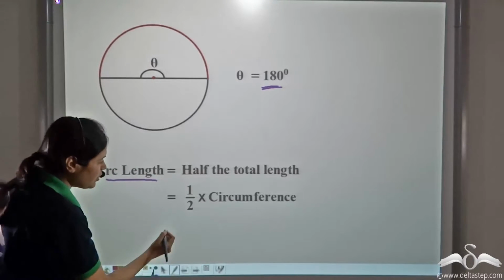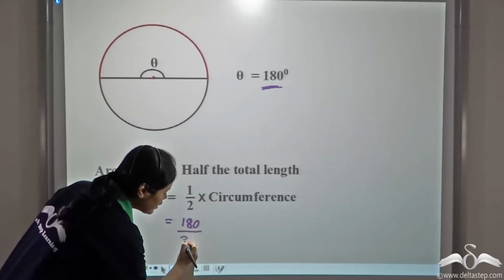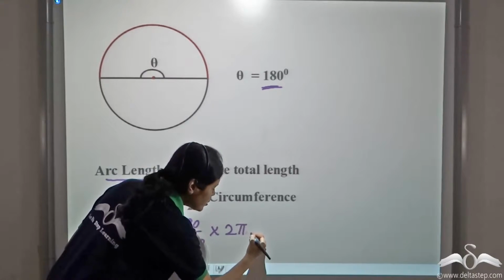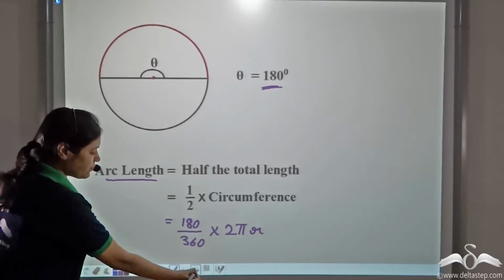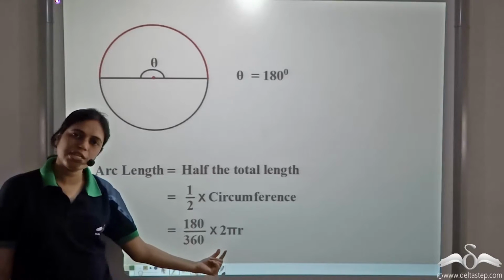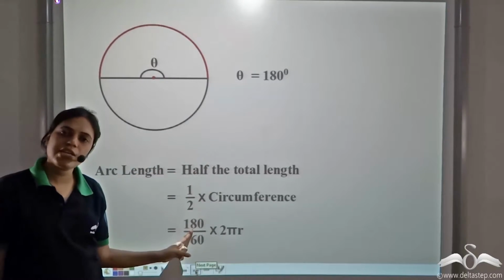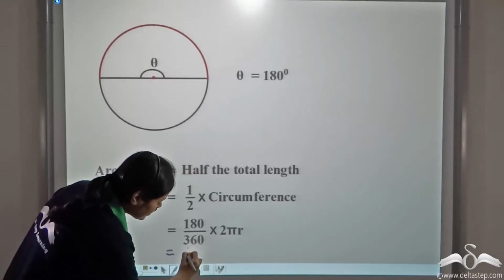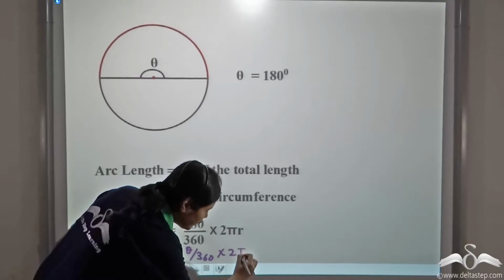Now half can be written as 180 divided by 360, and circumference is 2 pi r, where r is the radius. So arc length is 180 by 360 into 2 pi r. Here 180 is the central angle. So we can write it as theta by 360 into 2 pi r.